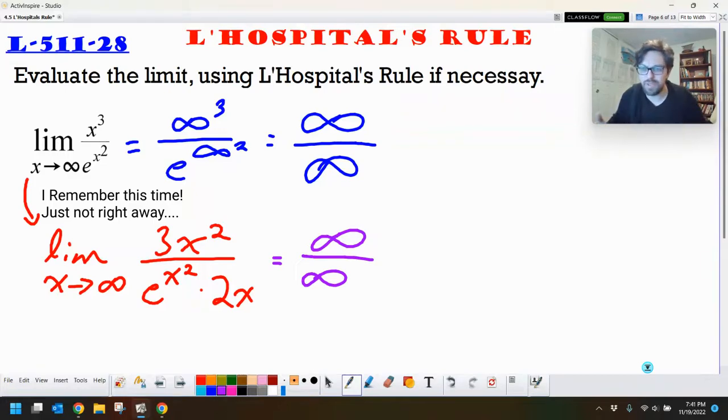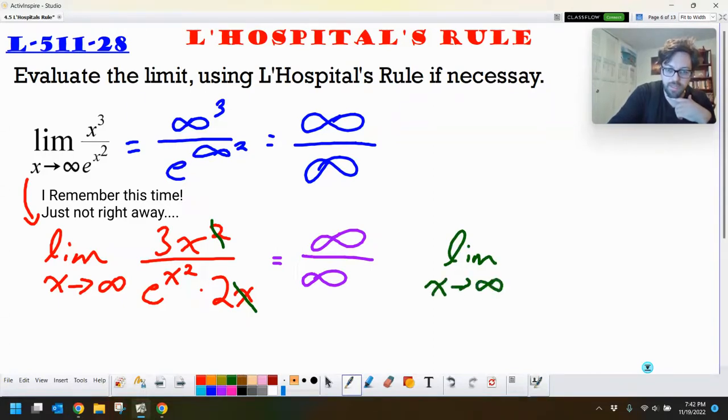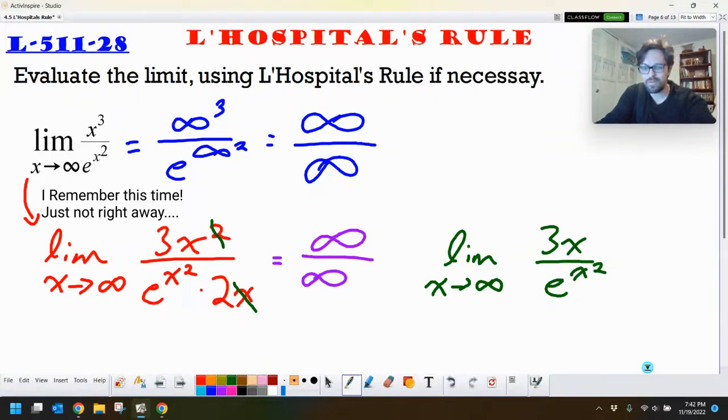So I really haven't solved anything. It's still just infinity over infinity. We could do a little bit of work and cancel these x's here. So now it is the limit as x is approaching infinity of 3x over e to the x squared. But we're still no better off. The limit is still infinity over infinity.